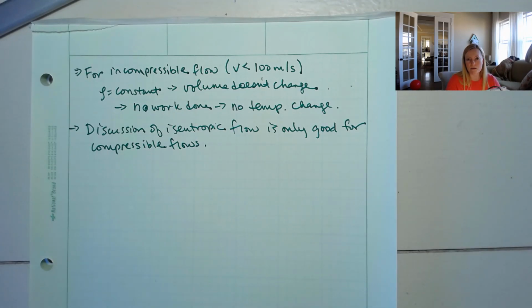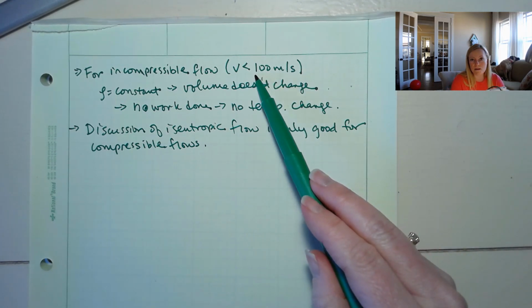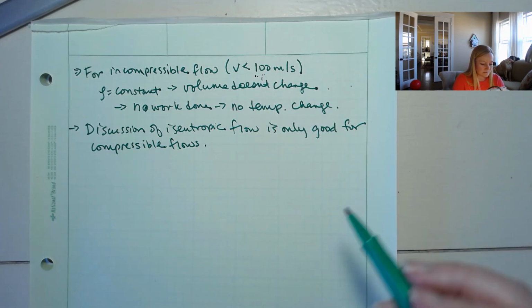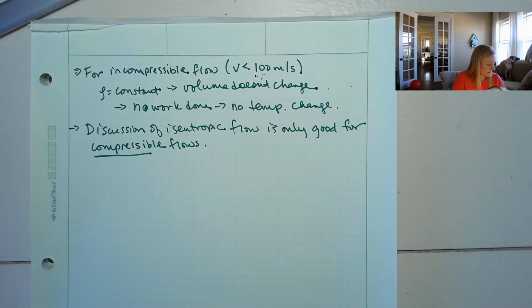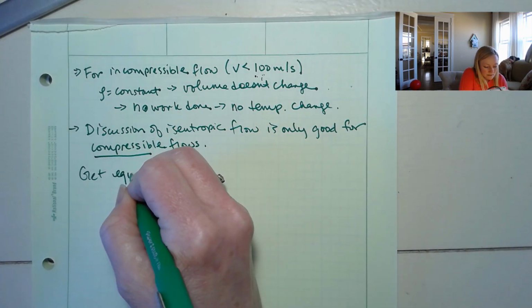We've already derived those equations previously, and you'd want to use those old equations if you've got incompressible flow. These new ones that we're going to derive are only going to be for compressible flows, and in this class, that means high-speed flows. At least where we have speed greater than the 100 meters per second. Okay, so now let's go ahead and we're going to get our equations.